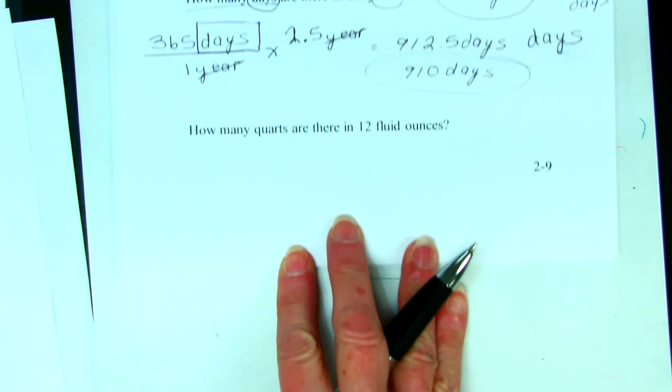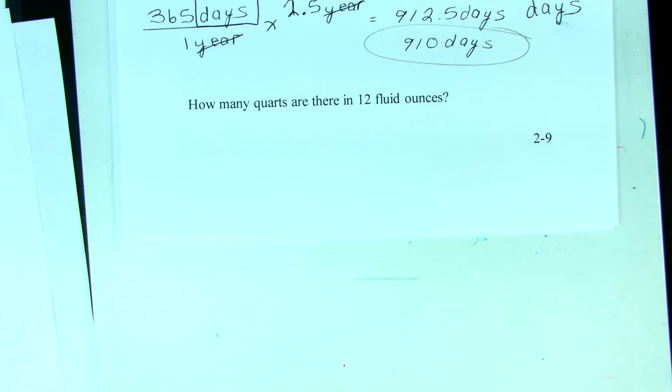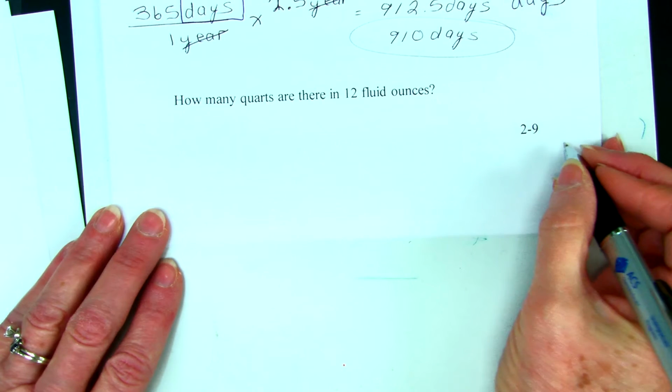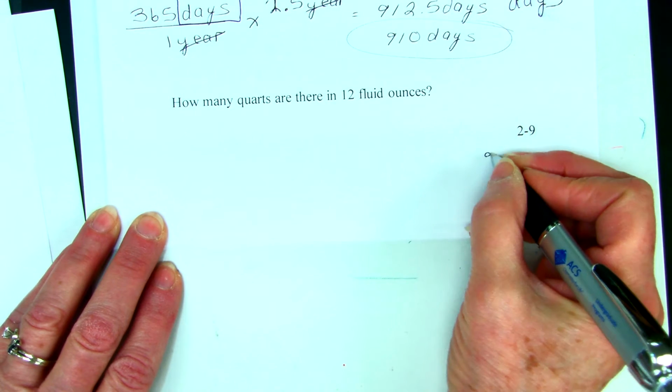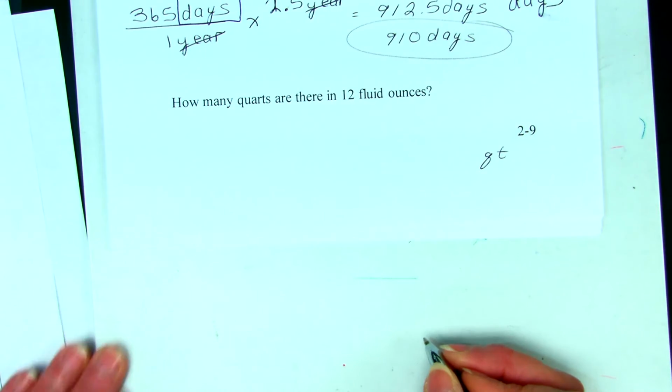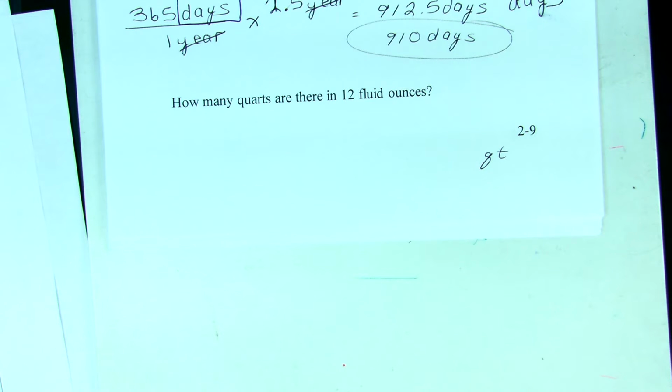Okay, let's look at quarts and fluid ounces. How many quarts are there in 12 fluid ounces? Well, I'll put quarts over here. That's what I want to end up with, so it has to be on top. Who knows the relationship between quarts and fluid ounces? Anybody? 32 ounces is 1 quart.